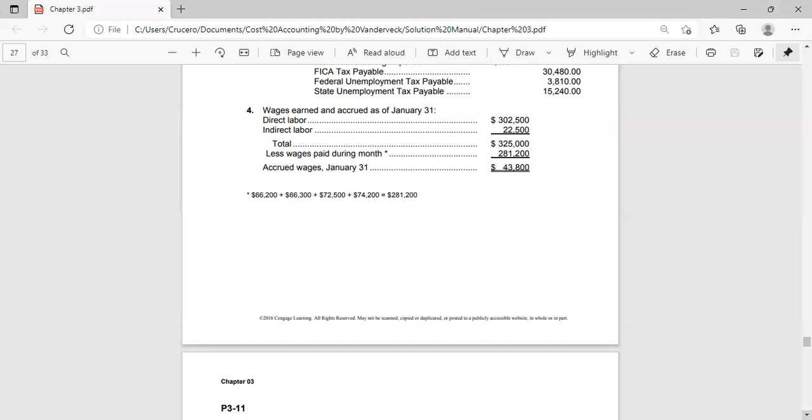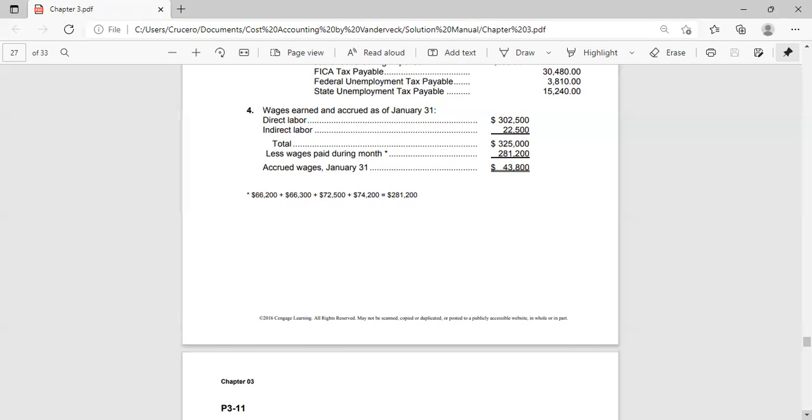P3-11: the factory payroll for the week is 200,000, consisting of 140,000 earned by 100 direct laborers and 60,000 earned by 30 indirect laborers. Total of factory bonuses to be received at year end is estimated at 400,000. All factory workers receive a 2-week paid vacation and 5 paid holidays.